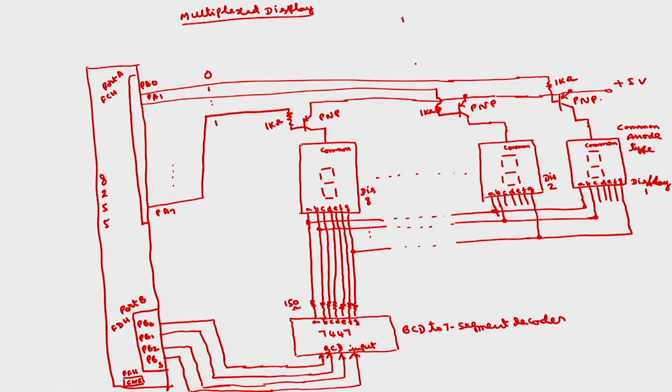In port A, we send PA7, PA6, PA5, PA4, PA3, PA2, PA1 and PA0, with all ones except PA0.